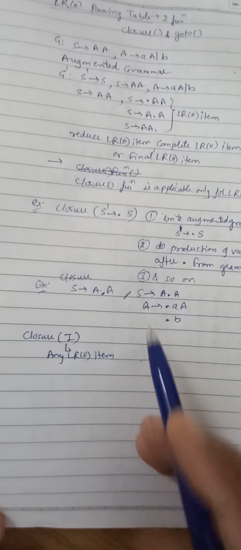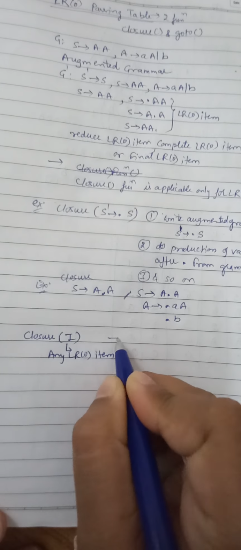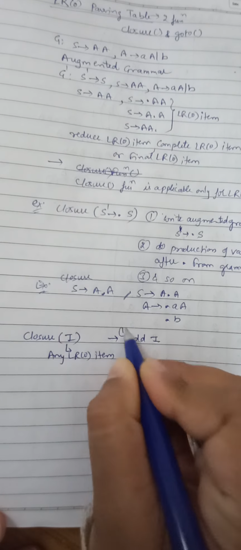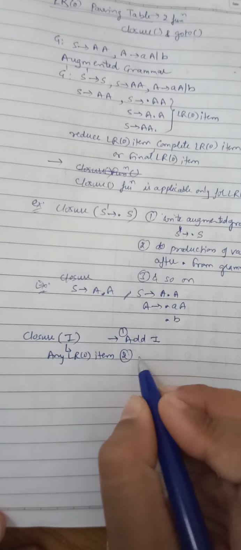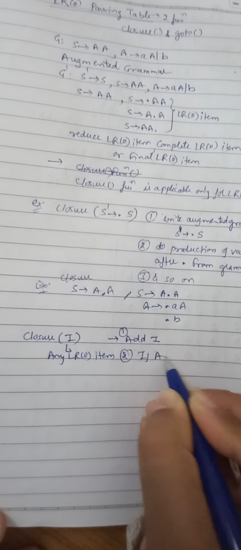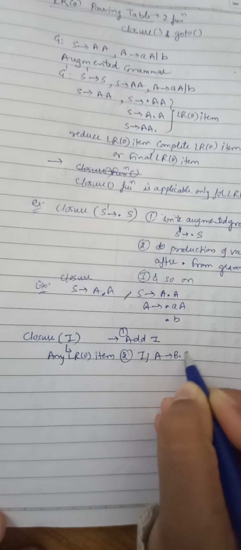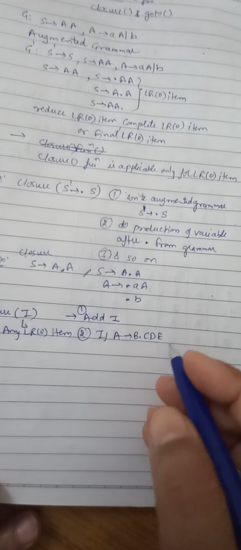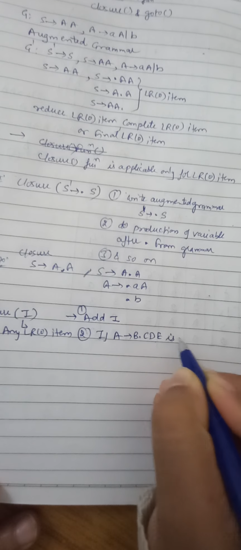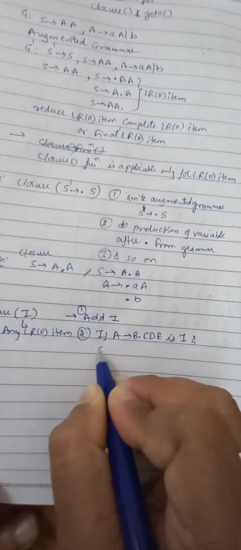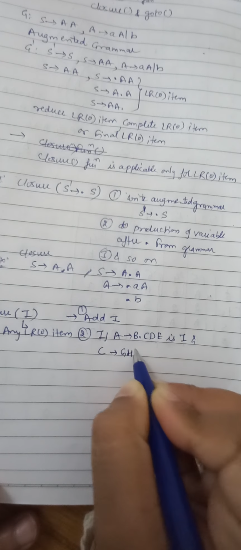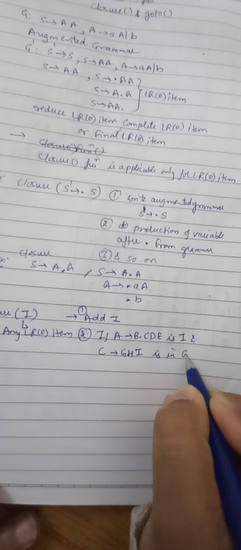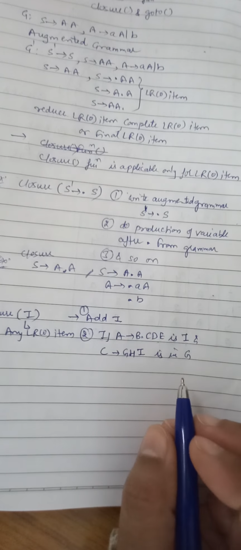First we need to add I. After that, suppose A tends to B dot C D E is I, and C tends to G H I is in the grammar.